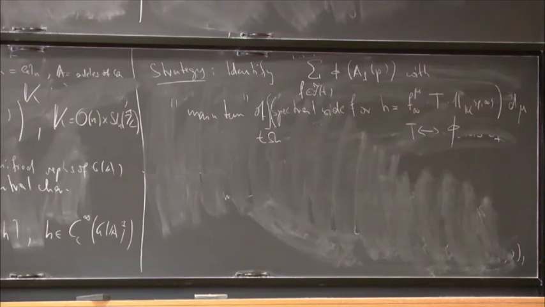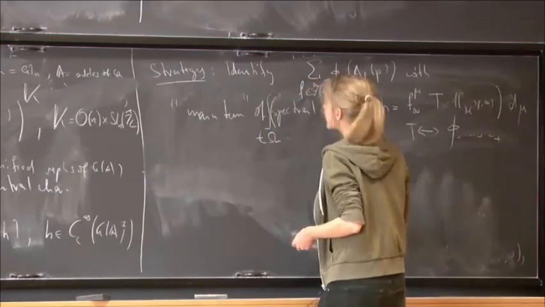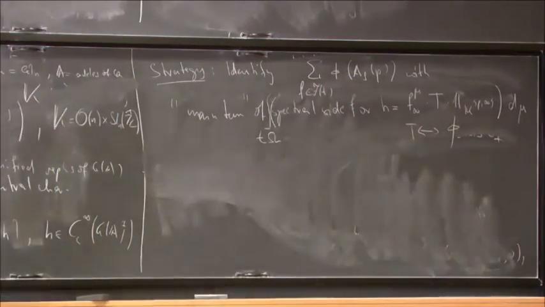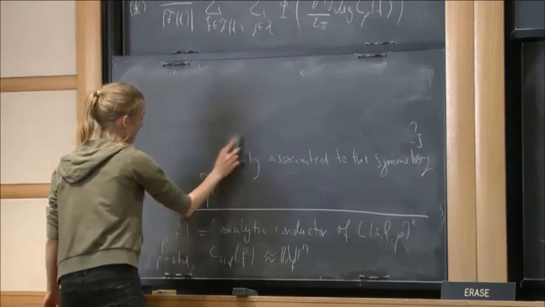But I want to say a few words about the geometric side, which was much more work for us. One has the spectral side, and of course one has to analyze the geometric side to make any sense of this.